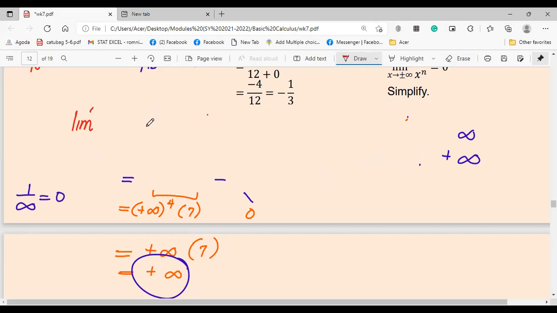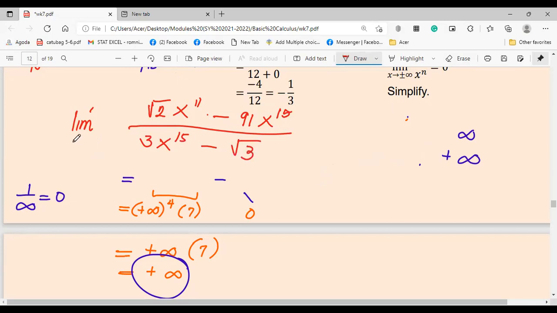So, sige nga, ibigay ninyo nga sa akin kung ano ang sagot nito. Let's say you have this. So what is your answer here?